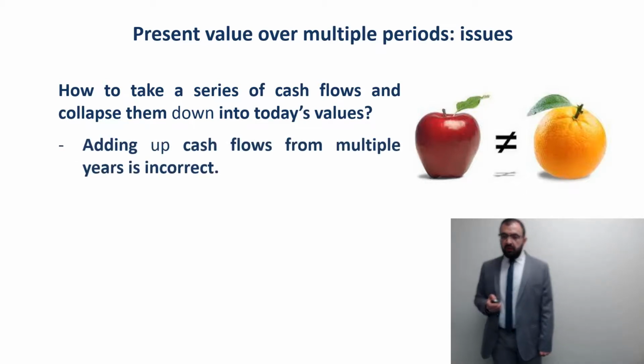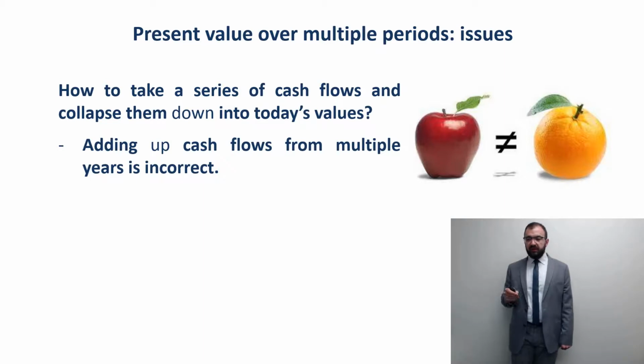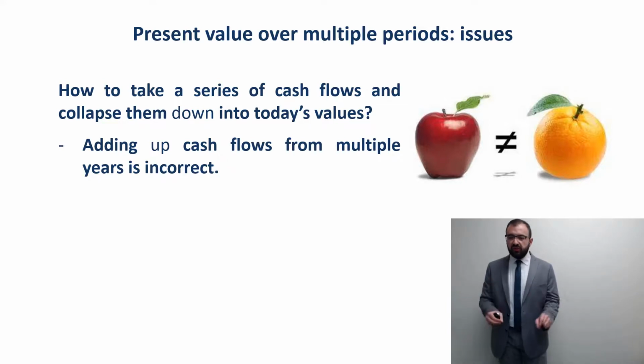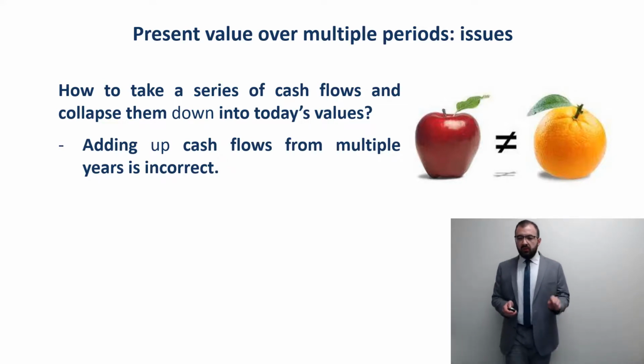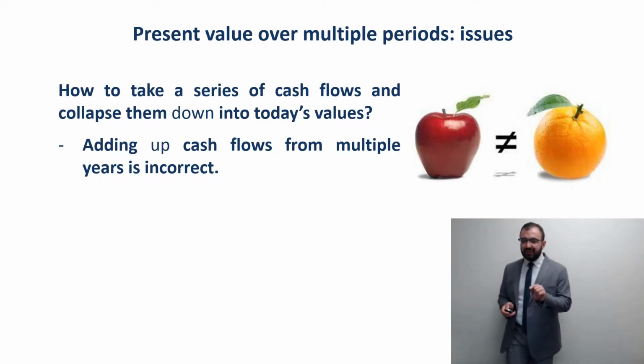If we have cash flows from multiple years, adding them up is incorrect. It is not correct to treat each cash flow received at different times as the same. Future cash flows must be discounted back to the present.